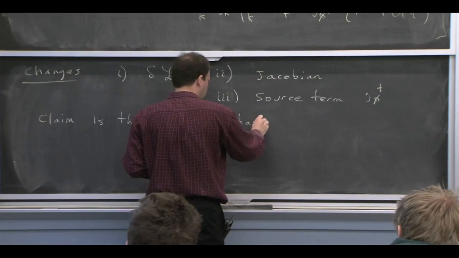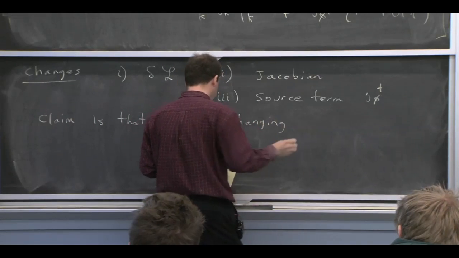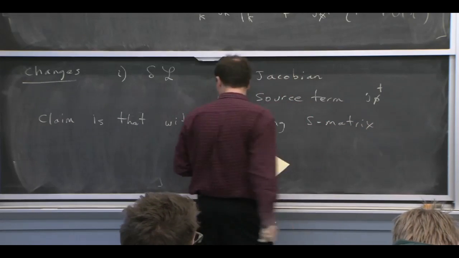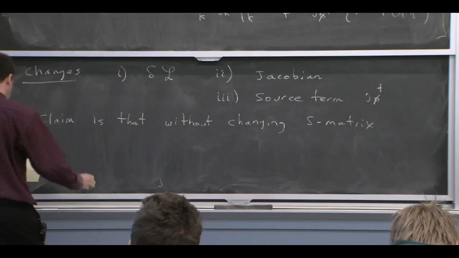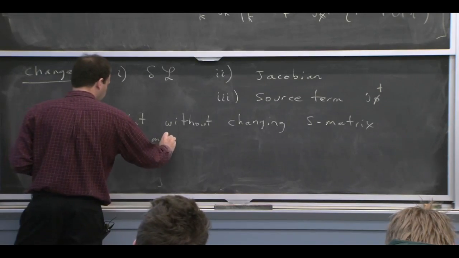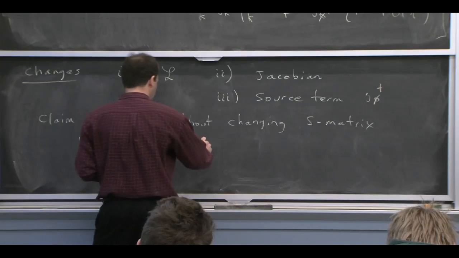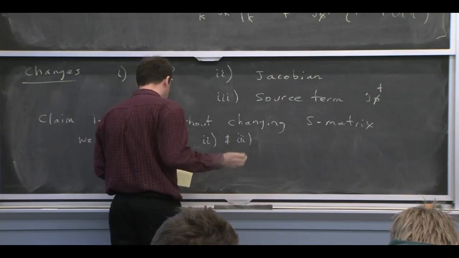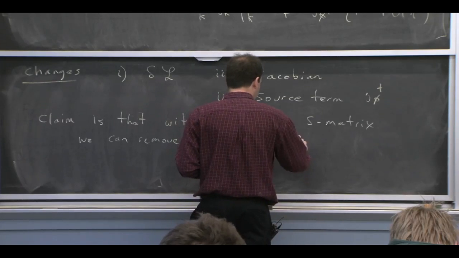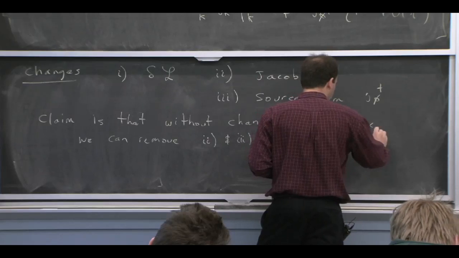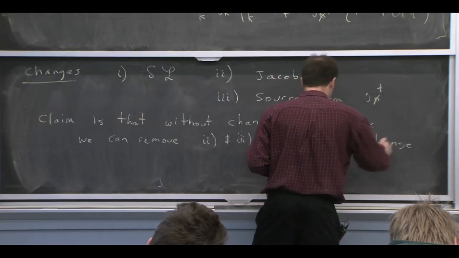And then we only have to check that changing the Lagrangian does what we want. So the claim is, and what we'll show, that without changing the S matrix, we can remove considering 2 and 3 rather generically. So we don't have to worry about them.